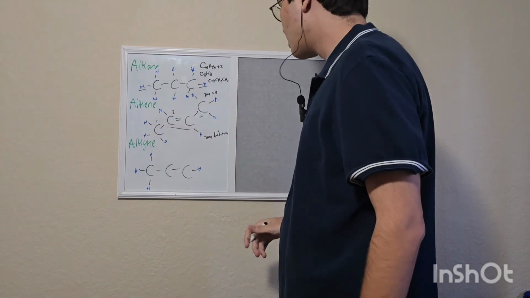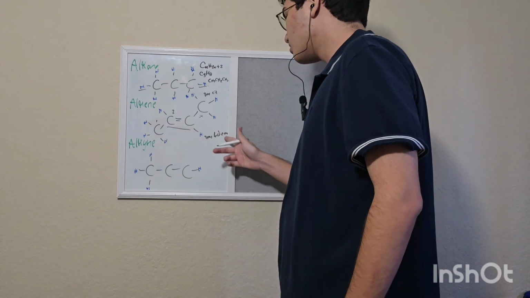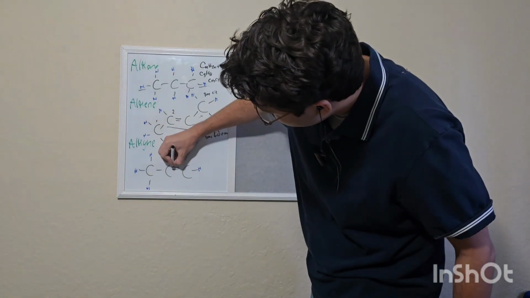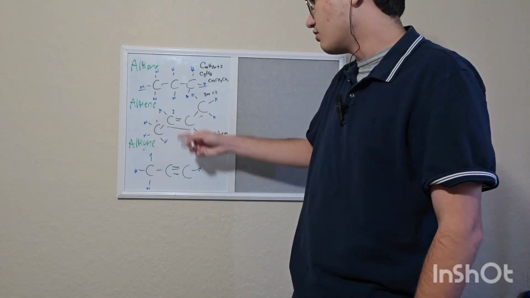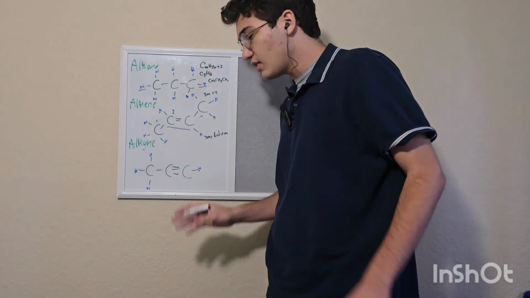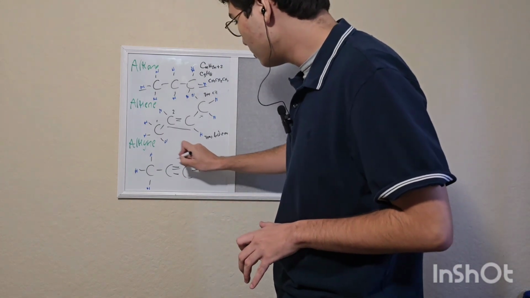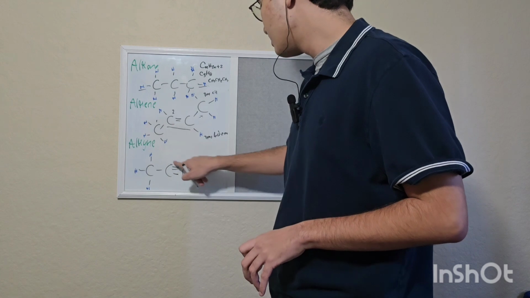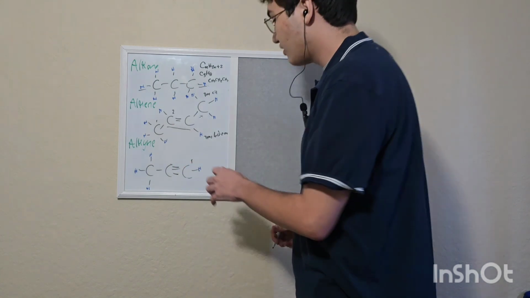Now you may say, well, what do the arrows have to do with it? Well, I'll show you an example of it with an alkyne. An alkyne is, of course, as you could probably guess, a triple bond within carbons. And as you can see in this example, this triple bond happens immediately after the first one.